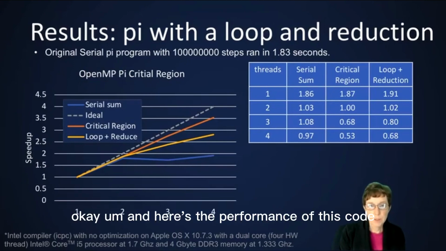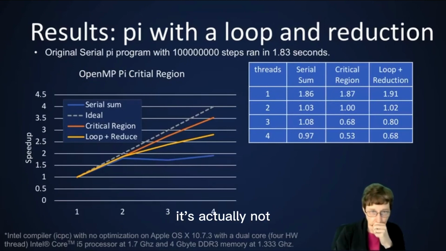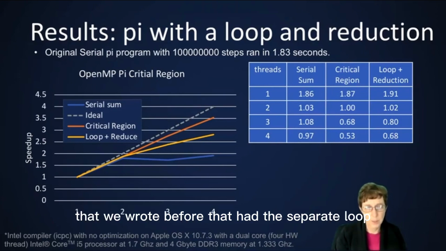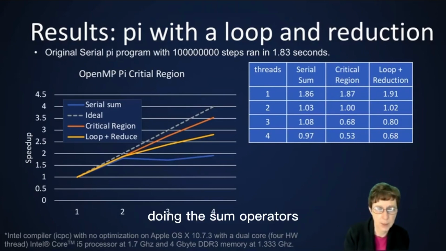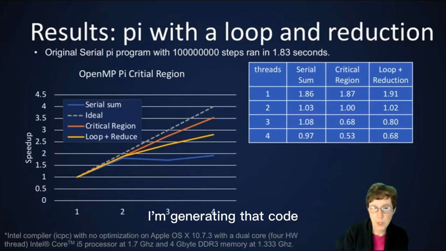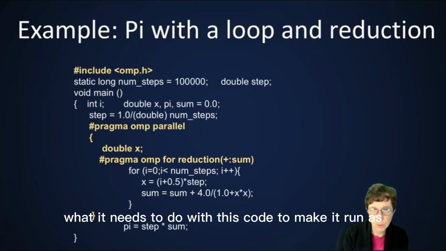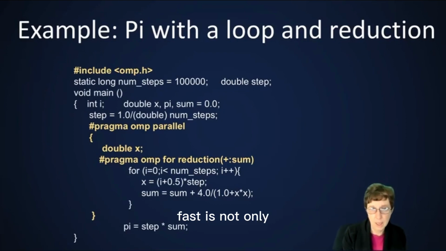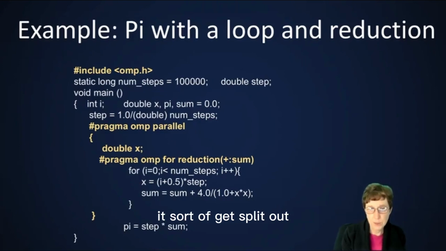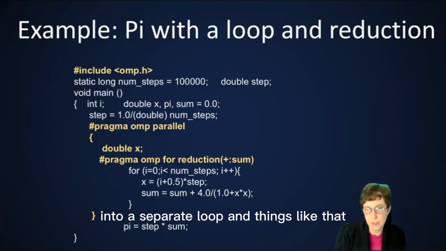Okay, and here's the performance of this code. It's actually not as fast as the one that we wrote before that had the separate loop doing the sum operations. That's probably because the compiler isn't quite as good at generating that code. What it needs to do to make it run as fast is not only make a local copy, but make sure it gets split out into a separate loop and things like that.